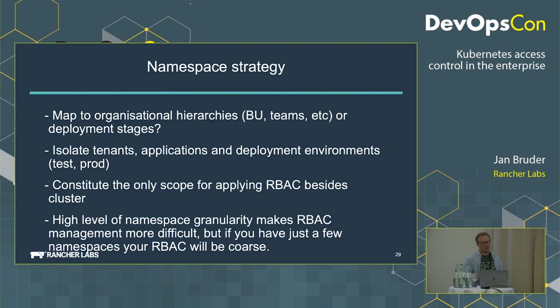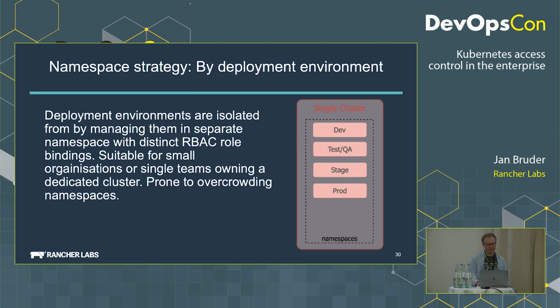Again, for namespaces, you need to come up with your namespace strategy. So what is the scope that you do on the namespace level? Are you using namespaces to separate teams? Are you using namespaces to separate deployment stages? So this would be the most simple example.